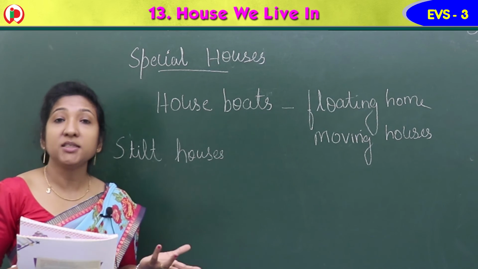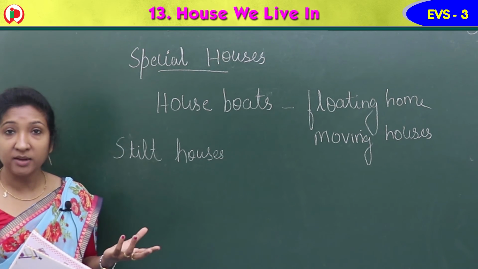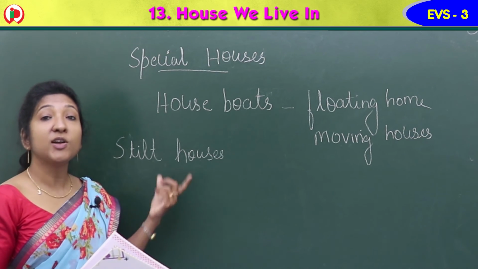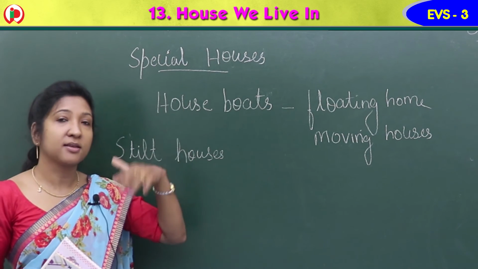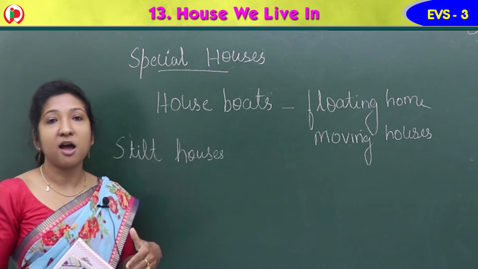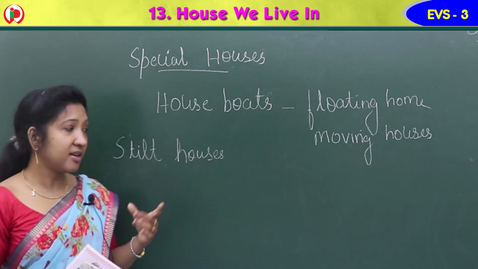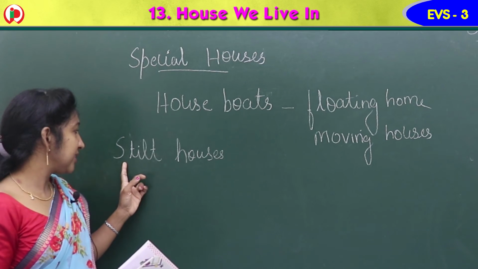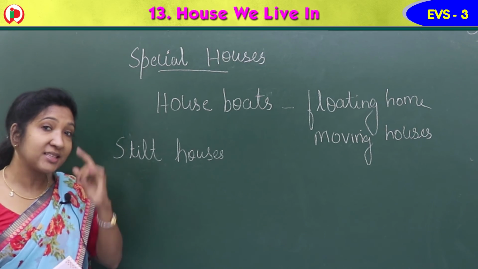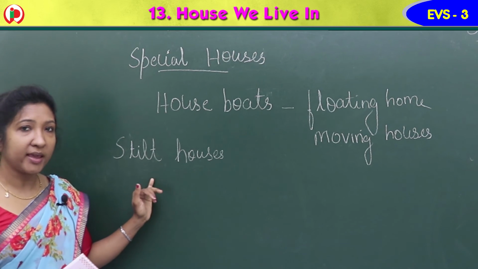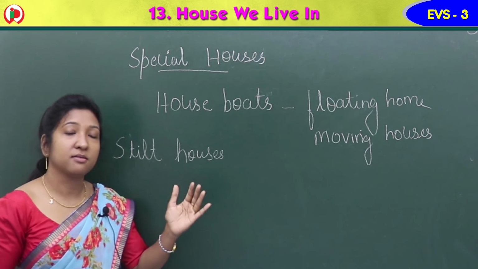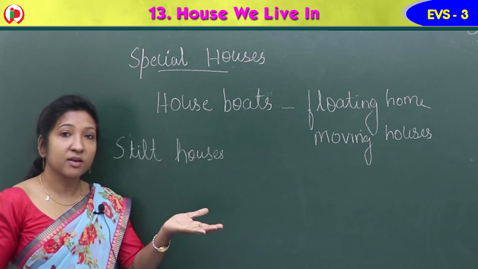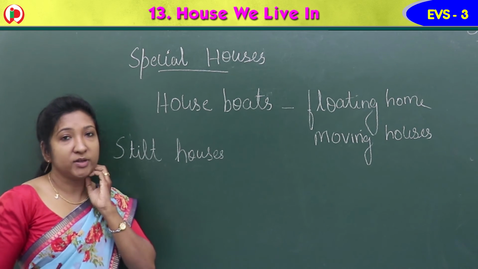So to protect themselves from heavy rain and wild animals, they used to build houses on stilts, on poles, above the ground. That is the specialty of stilt houses. S-T-I-L-T. Remember the spelling. Stilt means poles. The meaning is that the houses are raised above the ground.